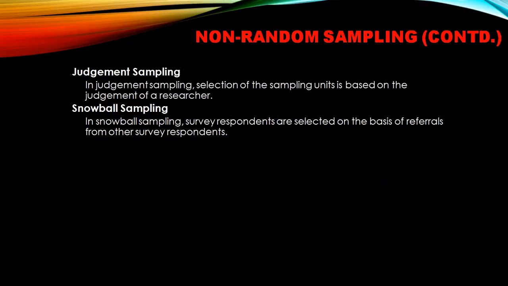Then judgment sampling. Judgment sampling is where we pick a sample just based on our judgment. Let us say I need to do a study on the most luxurious or the richest people in Punjab. Immediately, what kind of places would come to my mind?